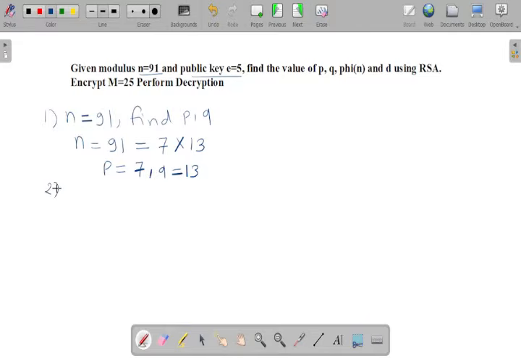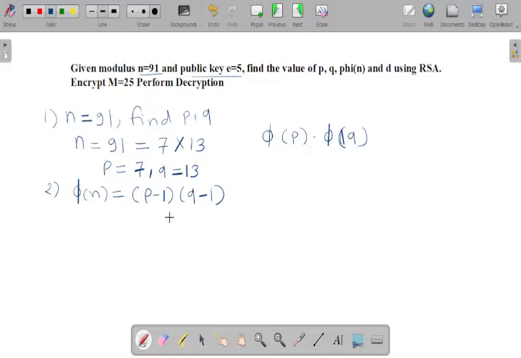Now the second step is that we have to take the value of phi of n. So how are we calculating the value of phi of n? Phi of n is nothing but Euler's totient function, and we can use the formula phi of p is equal to p minus 1. As per this formula, we can put the value into phi of n is equal to (p minus 1) into (q minus 1), because here we are finding the value of phi of p into phi of q, and these two are prime numbers.